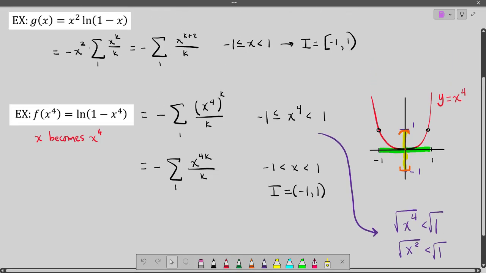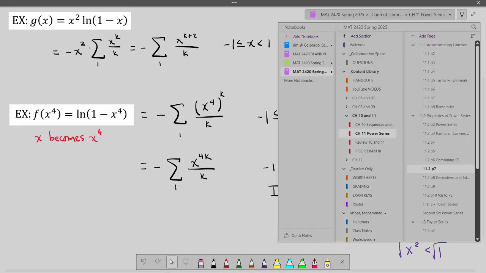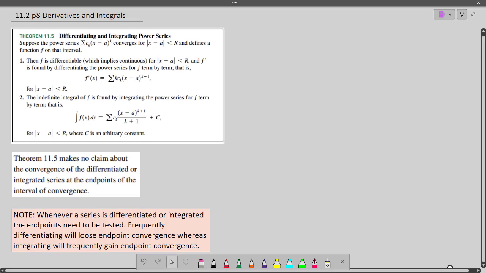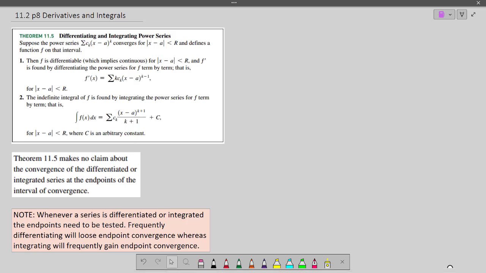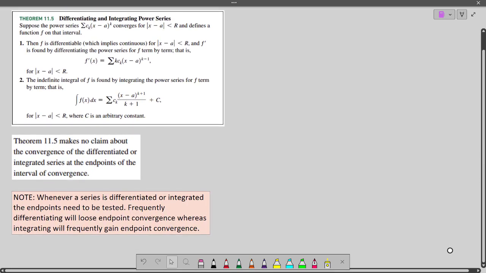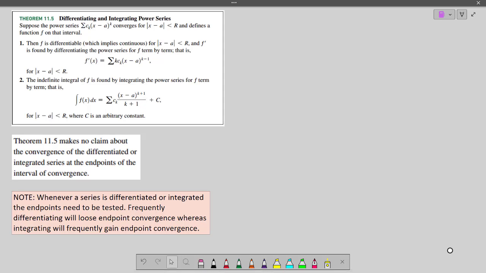Okay, so let's go to the next way to build. What we've just been doing is building new power series from existing power series. This just says a power series is really a polynomial, and if you differentiate a polynomial, you get a new polynomial.